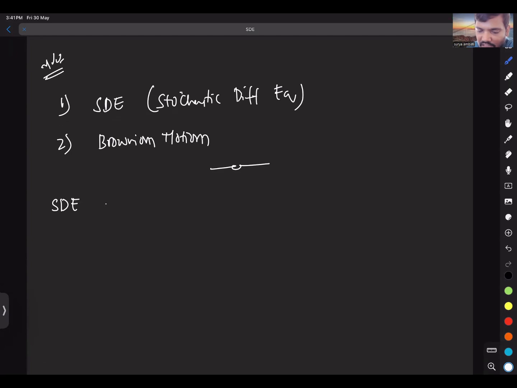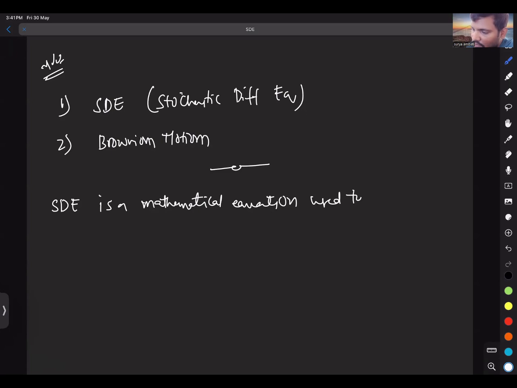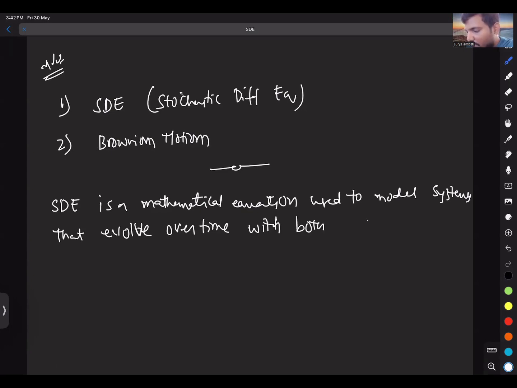SDE is a stochastic differential equation, that is a mathematical equation to model systems that evolve over time with both deterministic and random component.